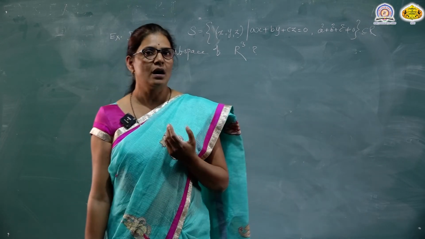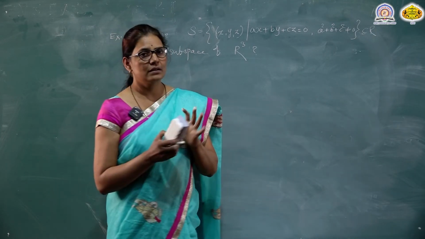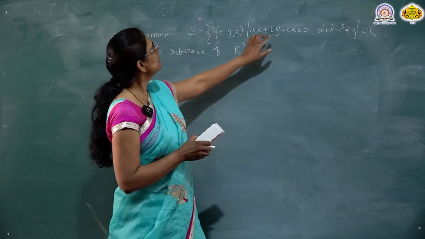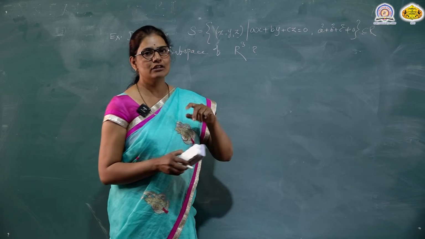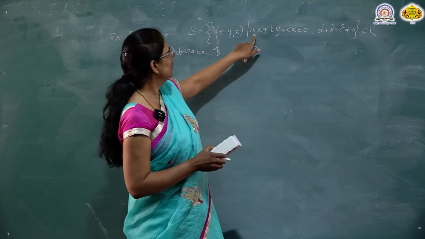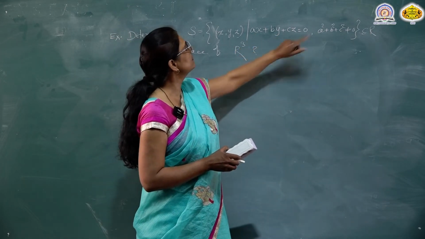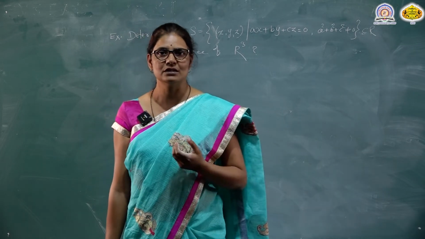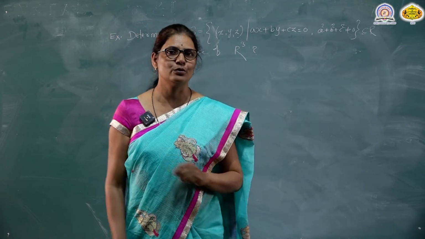Obviously it is a subset of R3 with this condition, and we check whether S is a subspace of R3 or not. If we consider the geometrical meaning of S, we know that any linear equation in 3 variables, ax plus by plus cz equals 0, where a, b, c are not all 0, represents a plane passing through origin.